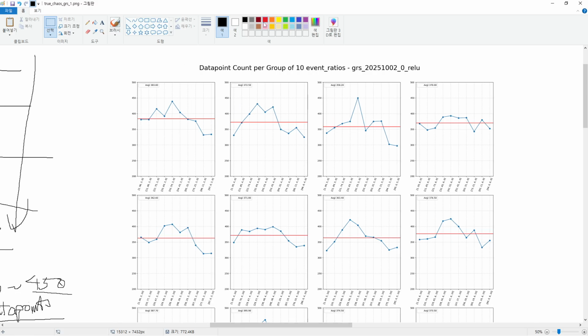So here we go. I'm gonna use pink. No, it's not catchy. I'll use purple. This is for the data point counts, or the number of data points, or the number of entities dictionary.